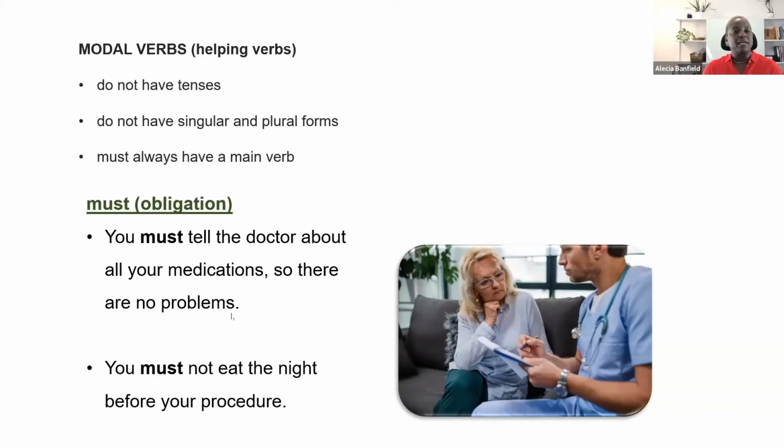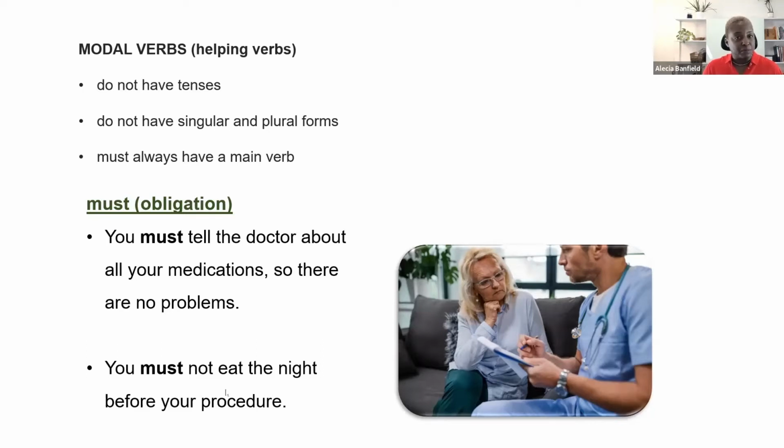Maybe she does not mention a medication she's taking, the doctor prescribes something new, and there is a bad interaction. So she must tell the doctor about all her medications. Similarly, maybe she's getting a procedure done tomorrow. You say, you must not eat the night before your procedure.